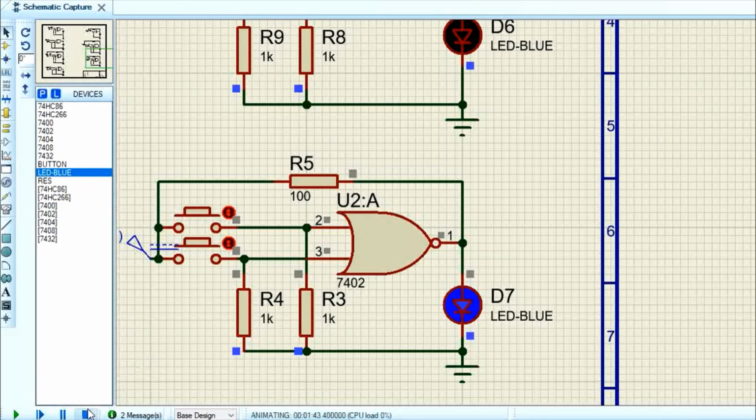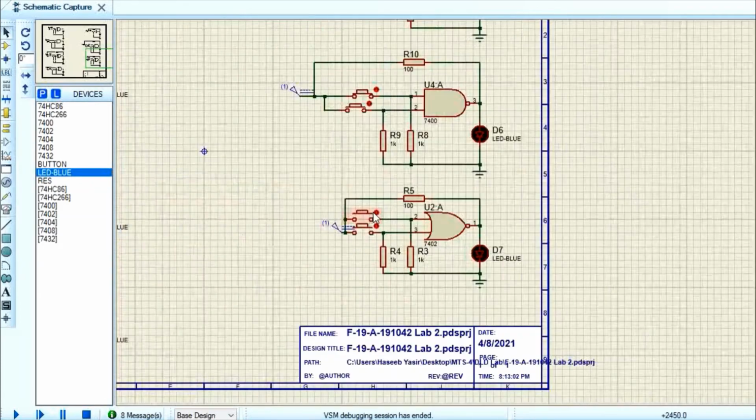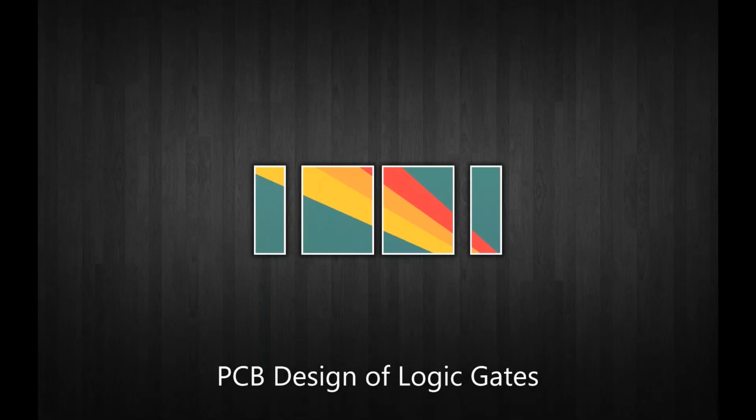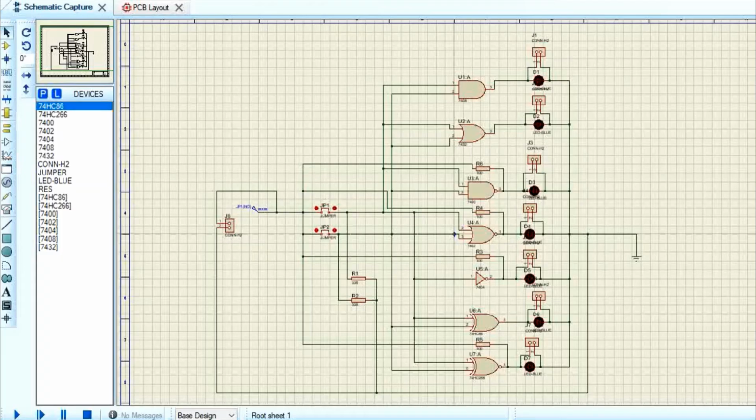Now let me show you how I can make PCB design for all these logic gates. In order to make a single PCB design for all my schematic circuits of logic gates, I have combined all my logic gates together.